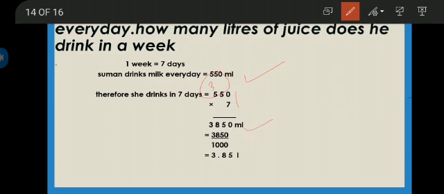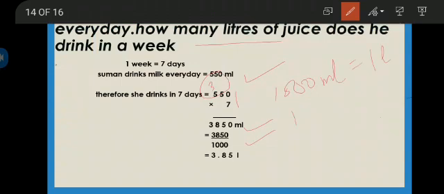This is in milliliter, 3850 milliliter. If you want to convert, because the question is how many liters, so to convert into liter you have to divide by 1000, because 1000 milliliter is equal to 1 liter.